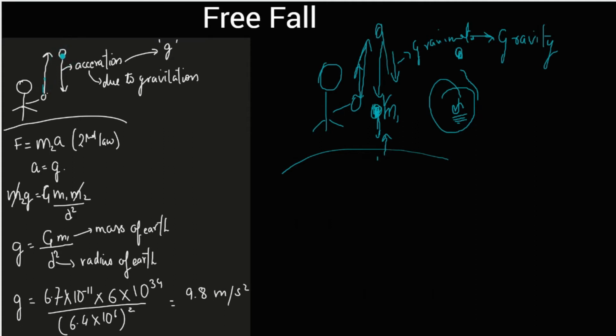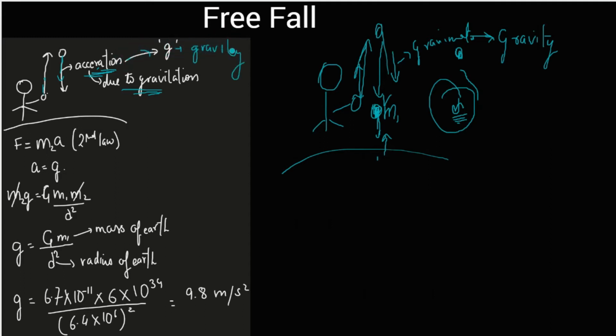It is not magic that it is coming back, it is because of gravity. So gravity is making this ball accelerate, and this acceleration due to gravitation is known as small g.